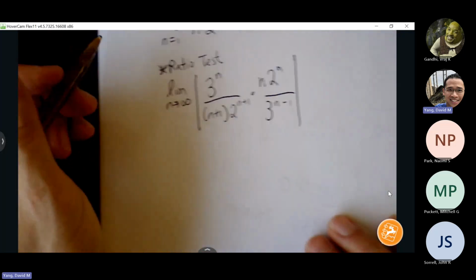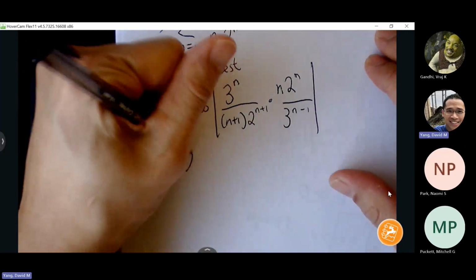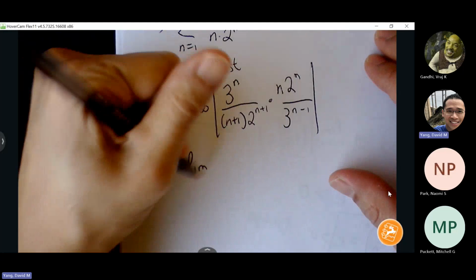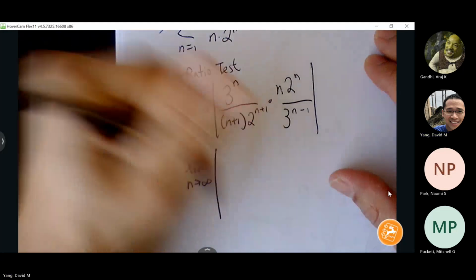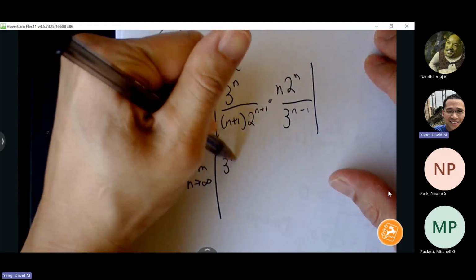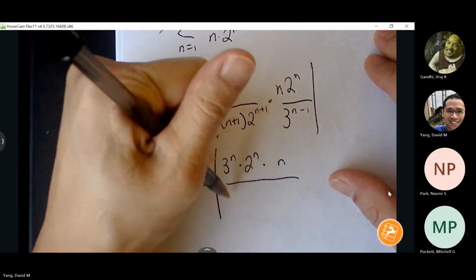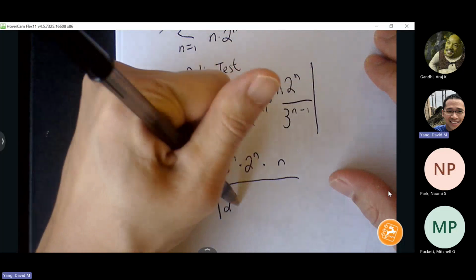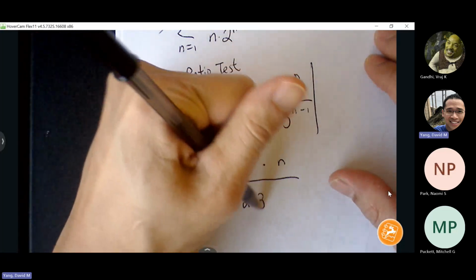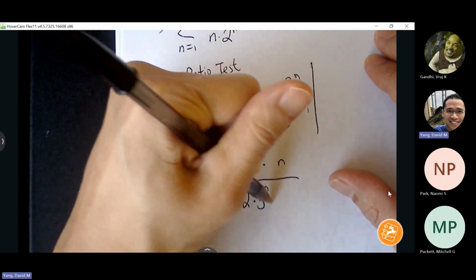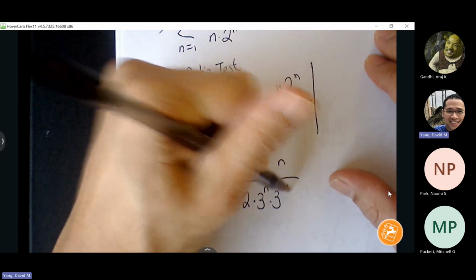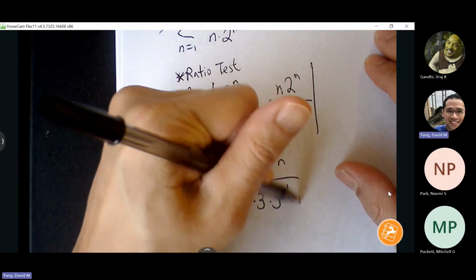And now we can move things around, clean some things up, and see what this gives us. So 3 to the n times 2 to the n times n, over 2 to the n times 2 times 3 to the n times 3 to the negative 1 times n plus 1.